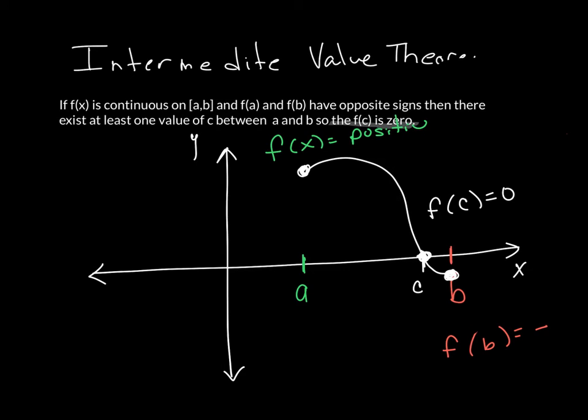Let's say I started down here, only now this was some value, a, and I have a different value over here, b, and now my function goes like this. Again, somewhere in between a and b, there exists a value c in between that will cross the x-axis.